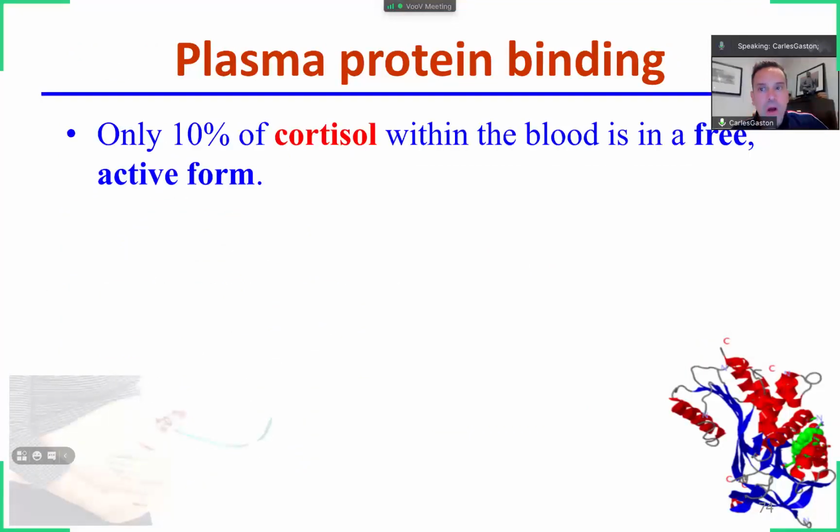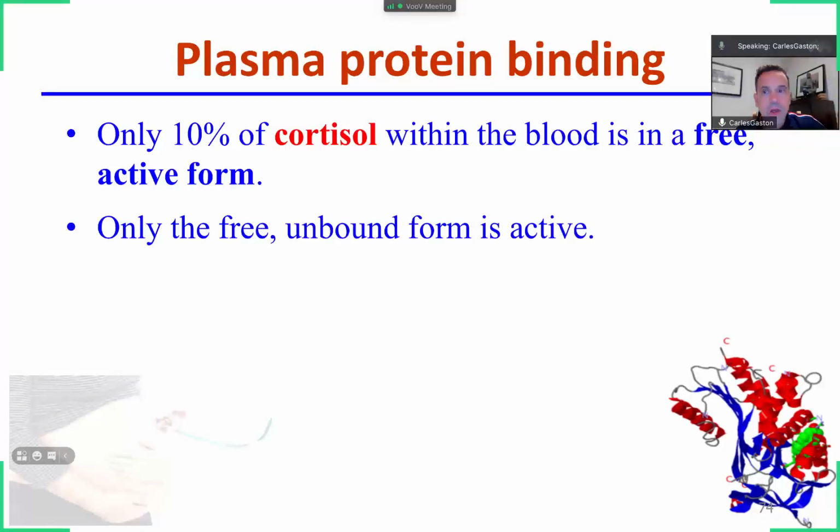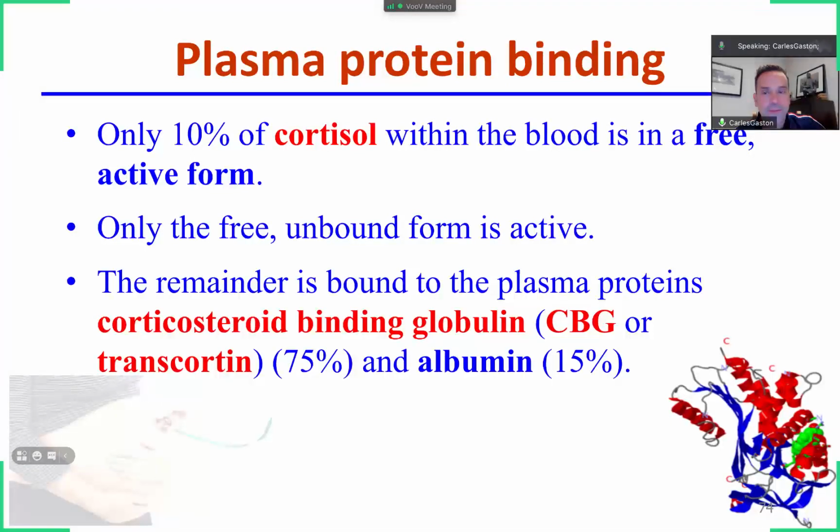Only 10% of the cortisol that is released within the blood is in a free active form. Only the free unbound form of cortisol is active. The remainder is bound to plasma proteins, so it can also travel through to the peripheral organs.